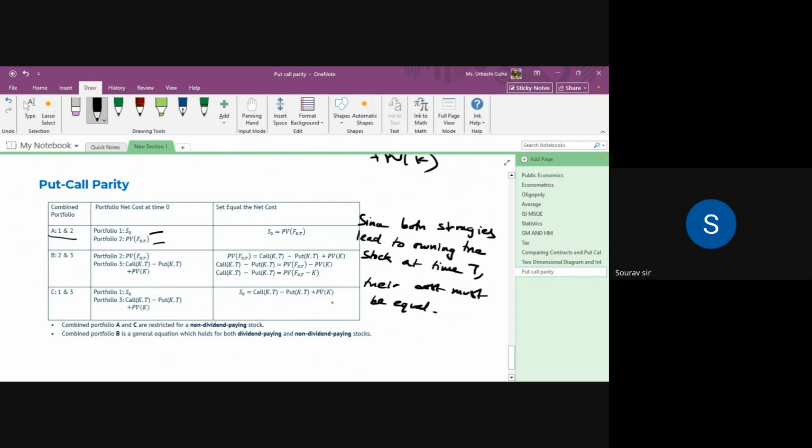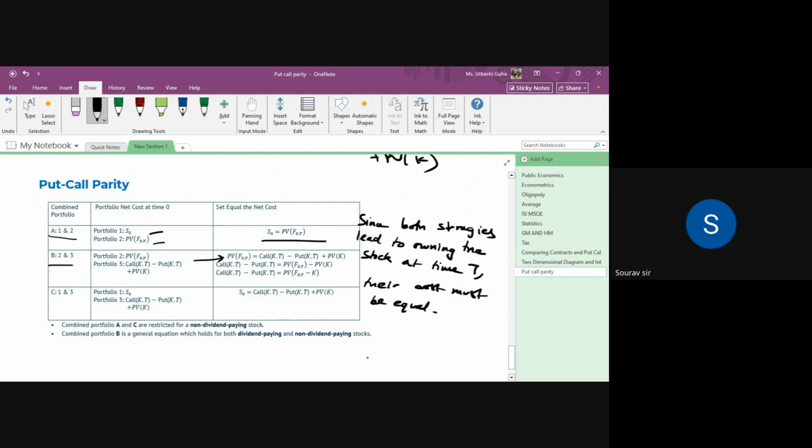Okay. So here is the formula. Now for portfolio 2 and 3, here we are having this and here we are having this. So we set them equal and you get this formula, PV, and rearranging we get the call formula. Okay. So this is what?